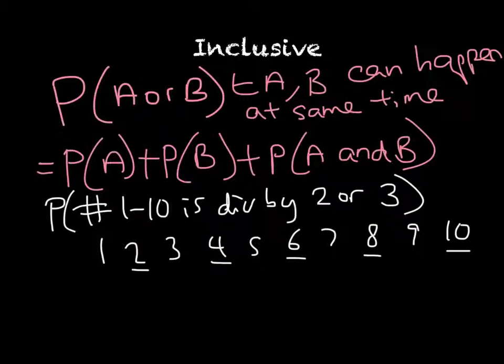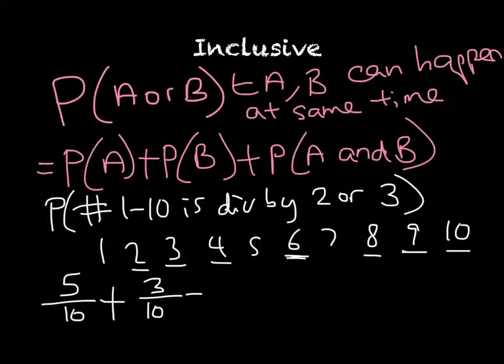So the probability that a number is divisible by 2 is 5 out of 10. Then we can add the probability that a number is divisible by 3, which is counting 3, 6, and 9. So that's 3 out of 10. And if we just added those two together, what we would end up with is 8 out of 10.